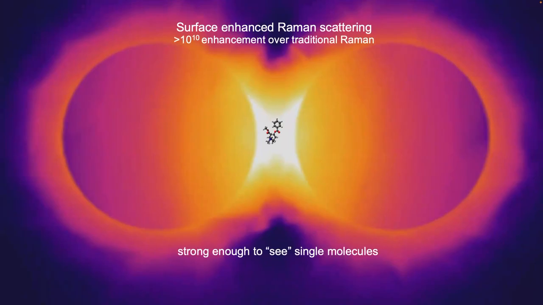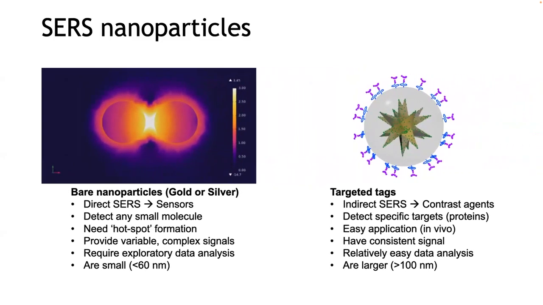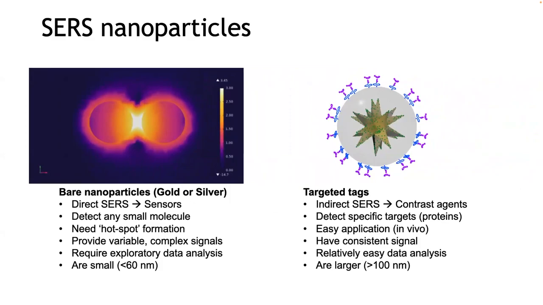Now, in our lab, we use this effect to make sensors. And the way we do this, we use nanoparticles, we bring them together, we try to capture the analyte molecules in the hotspots. However, there's a different methodology where we can use this effect to make smart imaging tags that we can use as contrast agents.